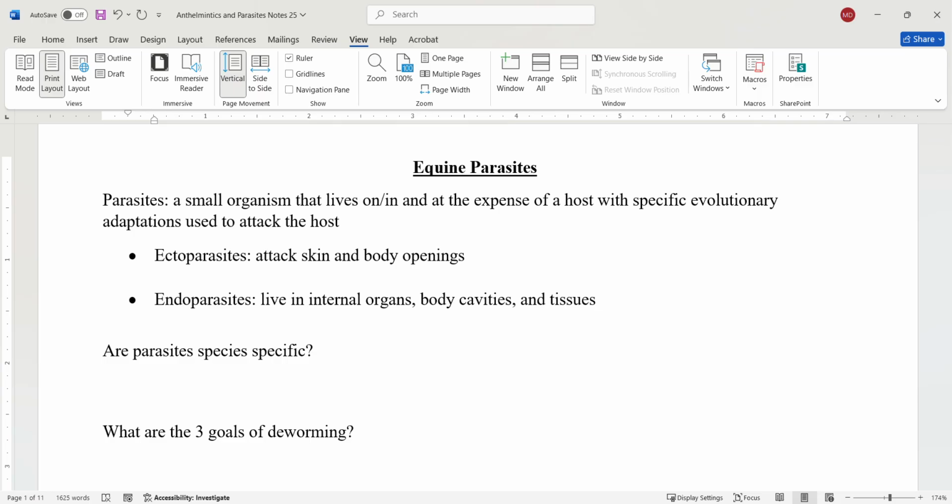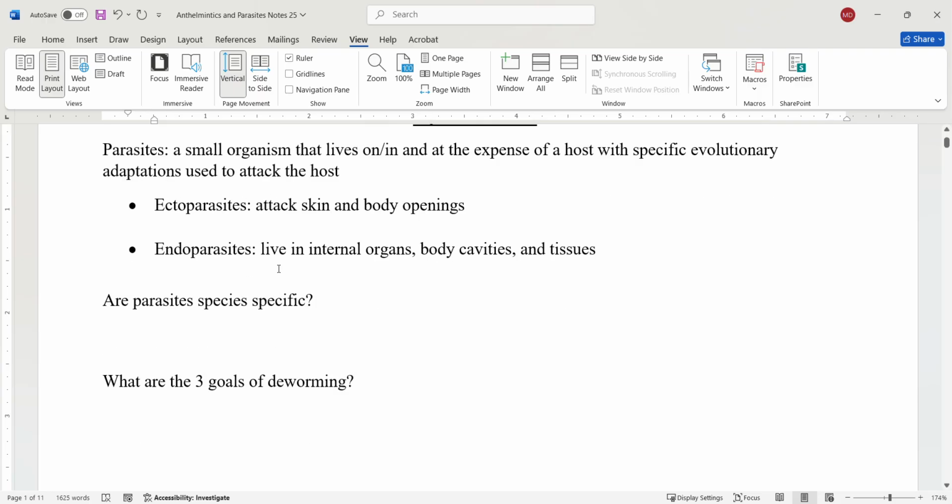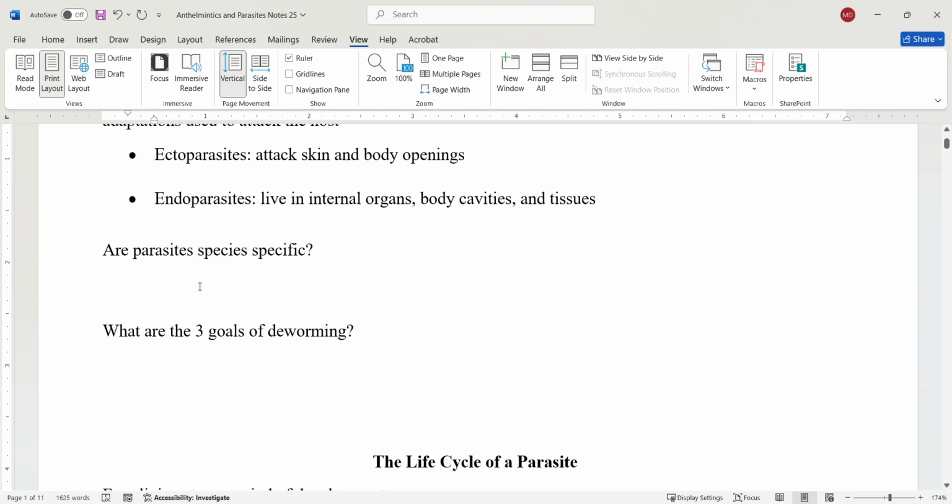So I want to give a little bit of an overview of equine parasites and cover some big topics as we start. And so one thing I want to bring up is, are parasites species specific? And the answer to that is pretty much yes. And so that is great news. And so we'll just say mostly. So horses are going to have parasites that are pretty specific to them.